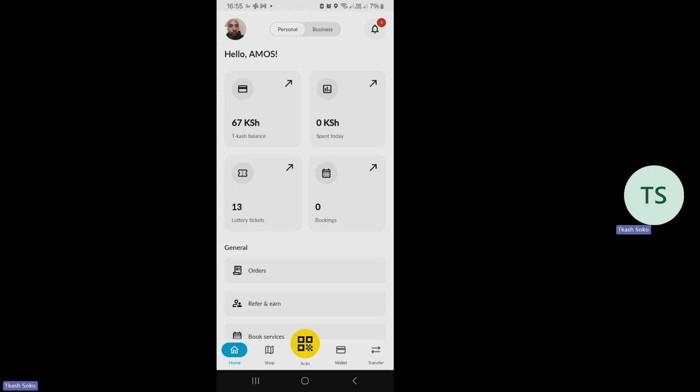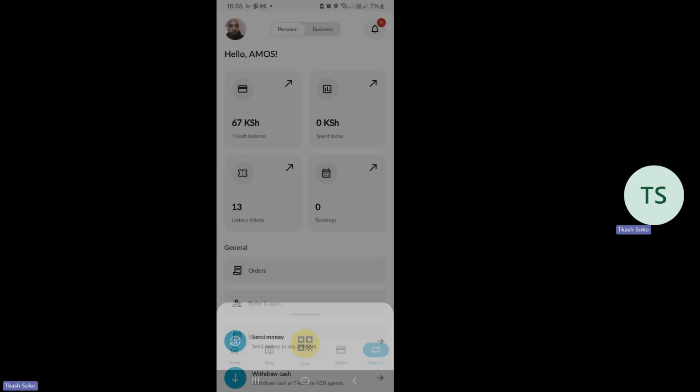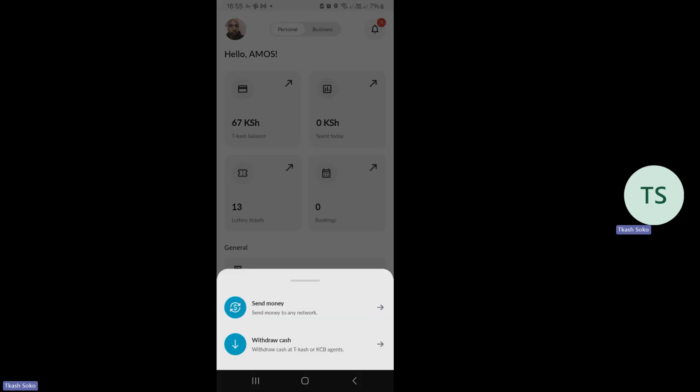To send, you come to the very bottom, then there is the last word, transfer, on your right hand side. So when you press transfer, two options appear: send money and withdraw cash. And then you can just follow the procedure as I have highlighted in the course of the session.